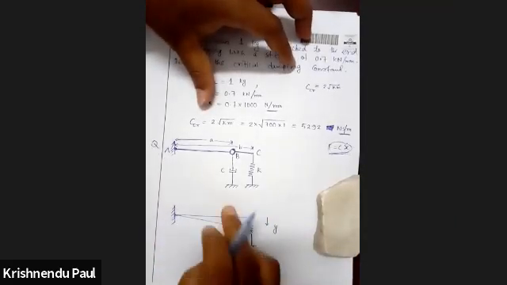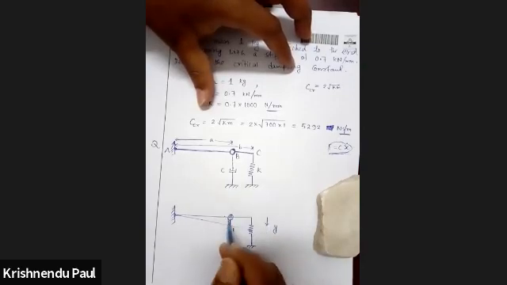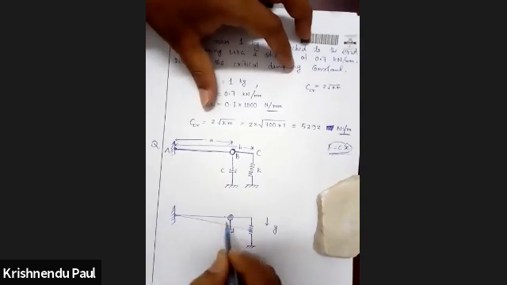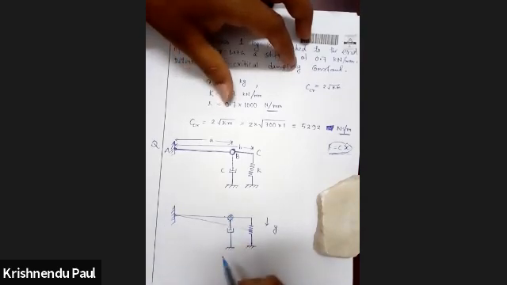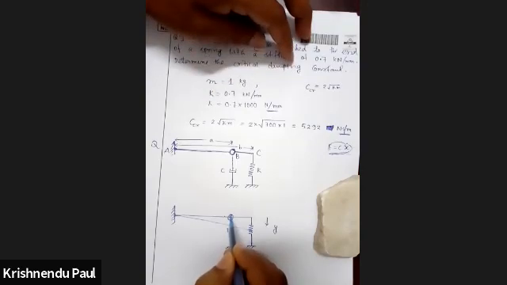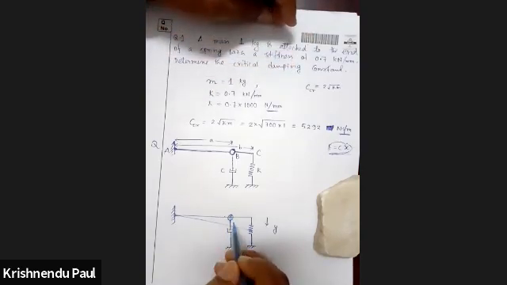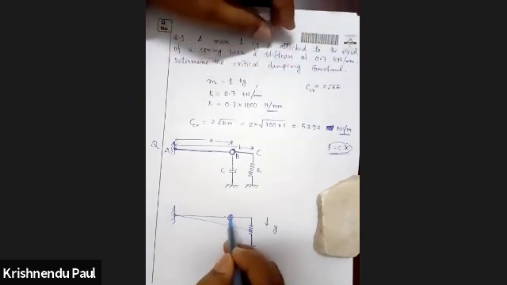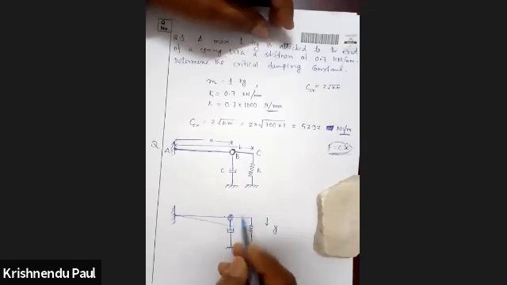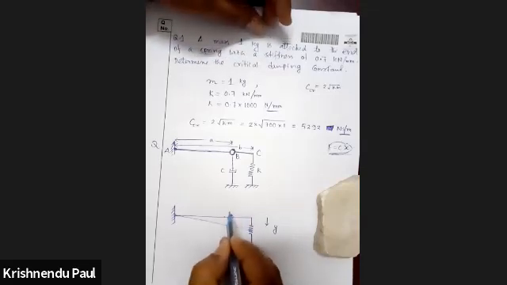Now this is a mathematical model. So the damper will try to resist and the spring will try to resist. Now we have to write the equation of motion of this dashpot or this mass. The mass is m.